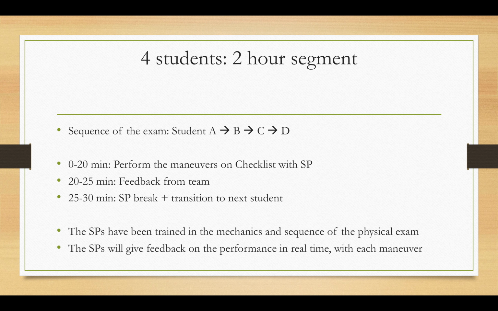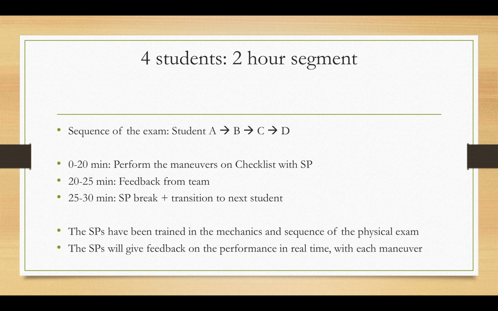So how does this session work? 4 students will be present for a 2-hour segment. And student A will start in the first half an hour as the examiner, then student B, then student C, then student D. So the half hour is split up like this. The first 20 minutes or so is going to be the student performing the maneuvers. They're not going to have a checklist in hand. The checklist is going to be something that they have learned ahead of time and practiced.